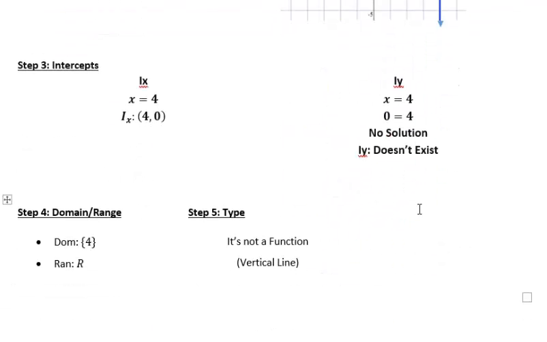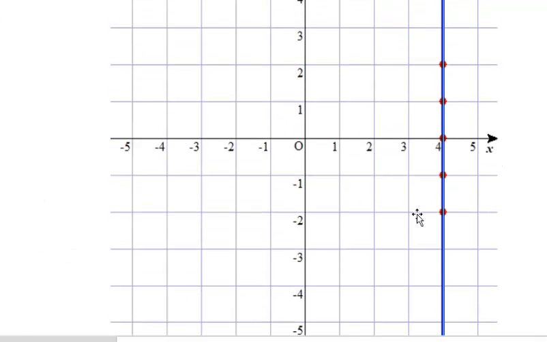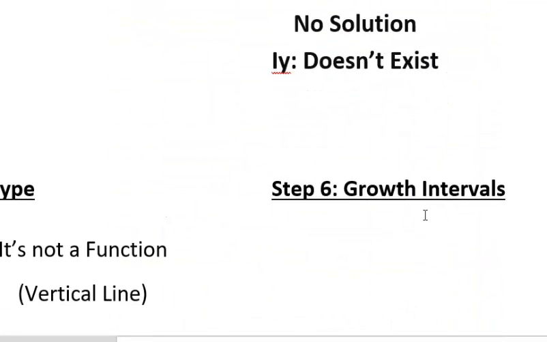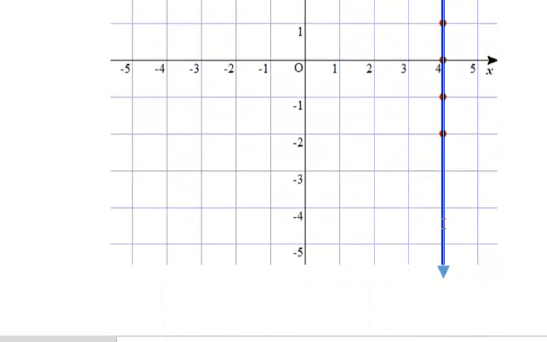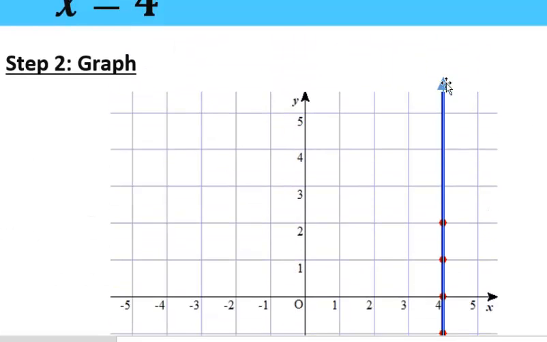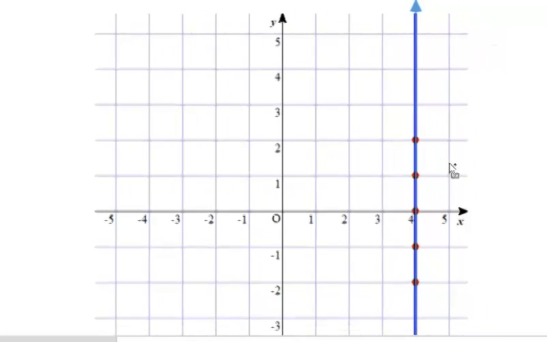Now step number 6 is to find the growth intervals. Okay, now there's a problem in here because you cannot check the growth intervals in something that is not a function. The growth intervals are a property of functions, so it is impossible to analyze growth intervals in here because this is not a function.